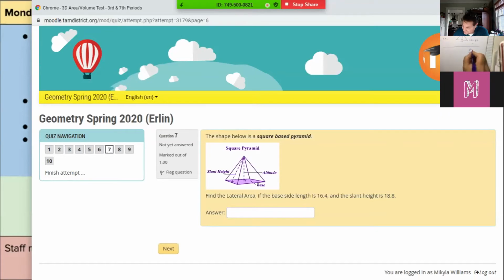I knew what you meant. Do we know our H? It's 18.8. No, that's our L, isn't it? The slant height, that L. Right. So put that in for that and leave the H blank for a second. And let's leave the B blank for a second. What are we being asked to find here? Lateral area, surface area, volume? Lateral area. Good. So let's write that out as a formula. LA is equal to what?